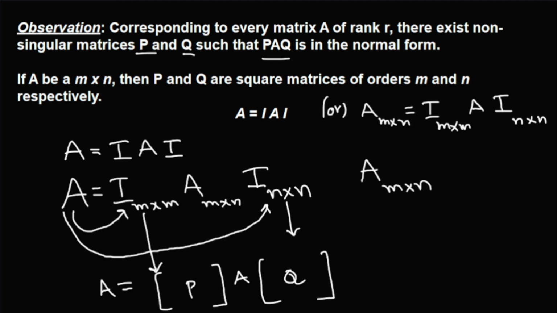But what happens finally is you will get a normal form IR, 0, 0, 0.